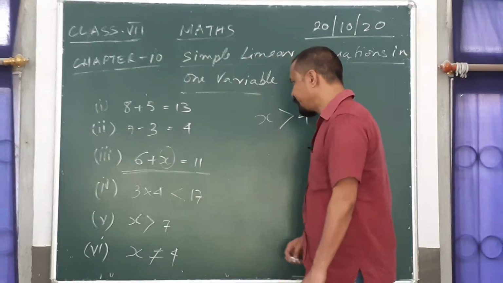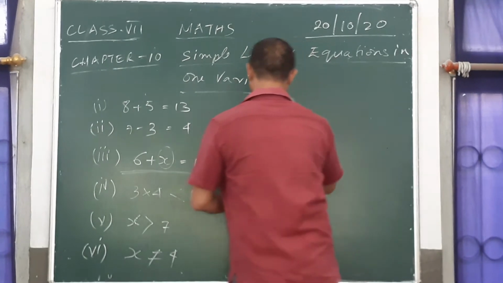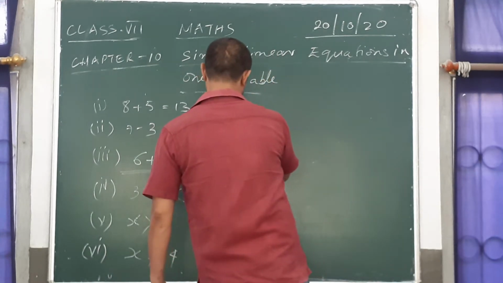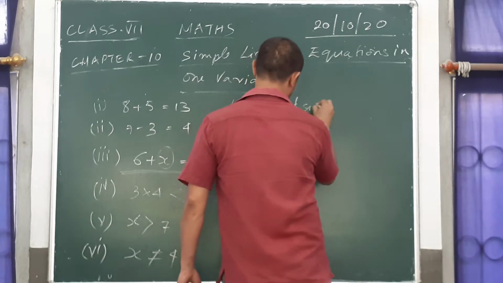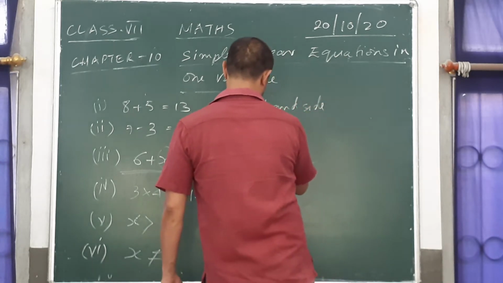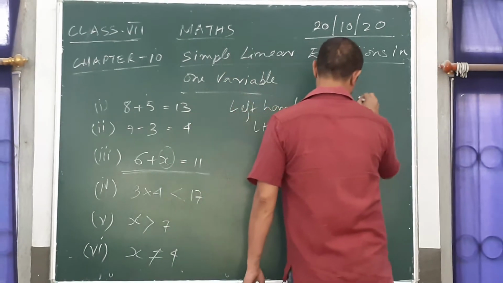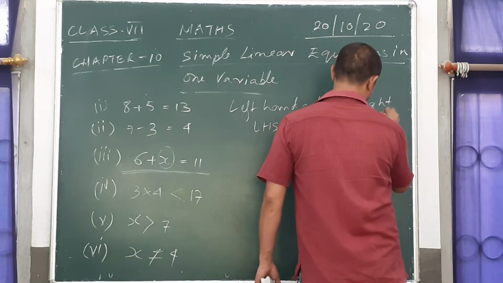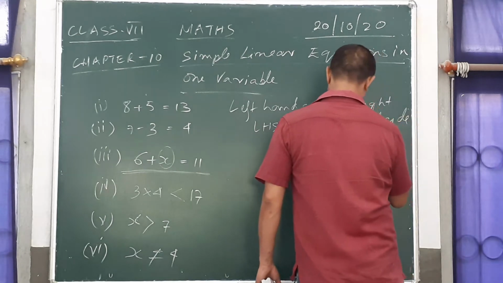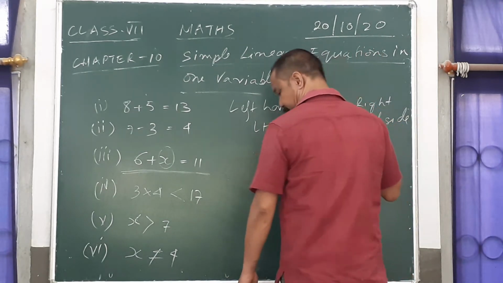So any equation contains two sides. There is a left hand side, we'll call it LHS, and a right hand side, we'll call it RHS.